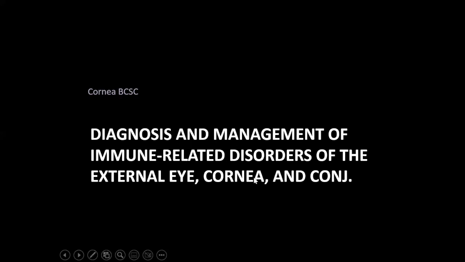So I'll start with chapter 13, which is on diagnosis and management of immune-related disorders of the external eye, the cornea, and the conjunctiva. Essentially, we are going to talk about disorders of immune derangement, when the immune system begins to misbehave, to put it in layman's language, and its manifestation as far as the external eye, the cornea and the conjunctiva are concerned.